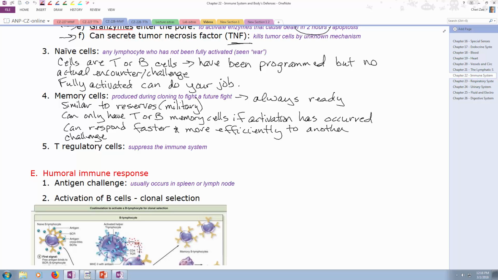When they clone, though, in order for them to clone, they always need the helper cell. Well, you already have also memory helper cells with cytotoxic T cells. And so the helper cell is there already to actually give co-stimulatory signals so that they can create a large army of fighters for you.